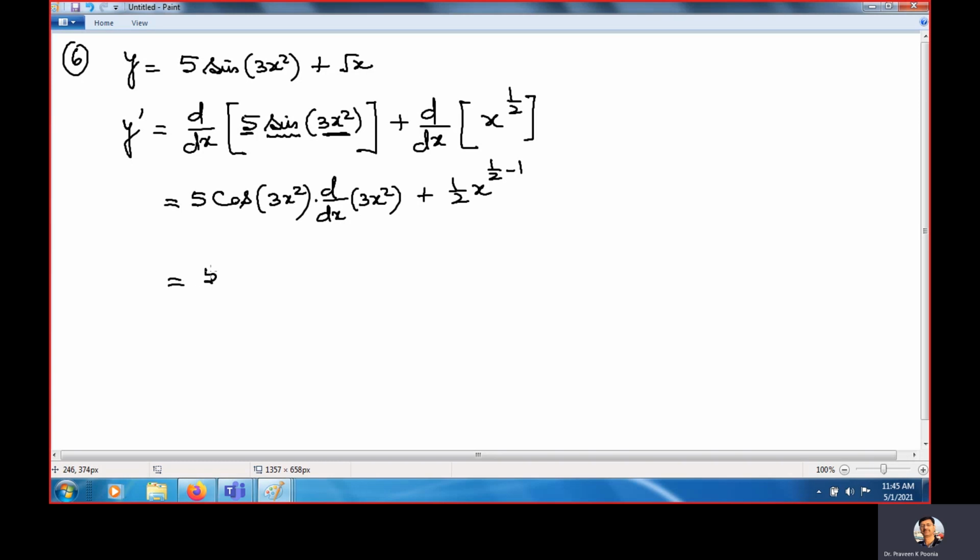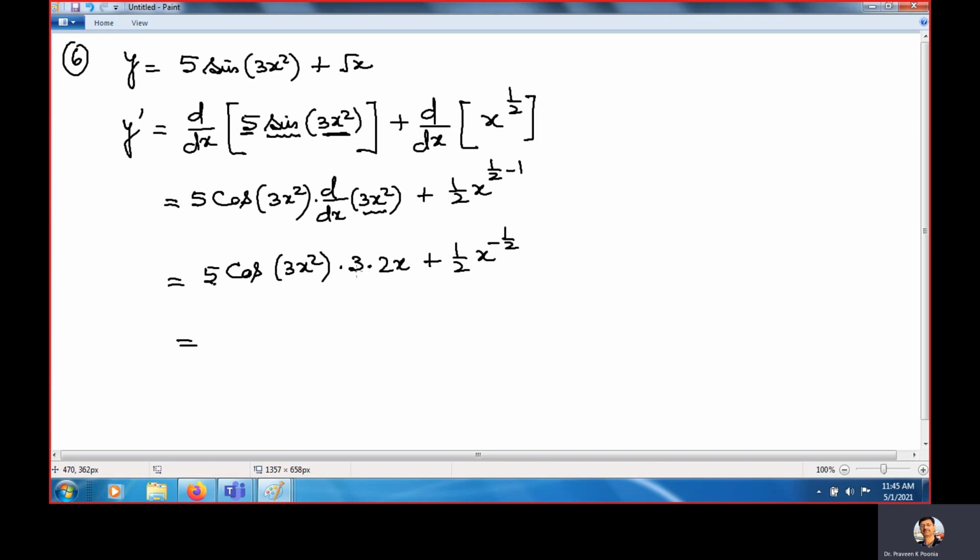And it equals 5 cosine 3x power 2, and what is the differential of this one? 3 into x power 2, 2x power 2 minus 1, 2 minus 1 is 1. So 2x. And plus 1 upon 2 x power 1 upon 2 minus 1, which is minus 1 upon 2.